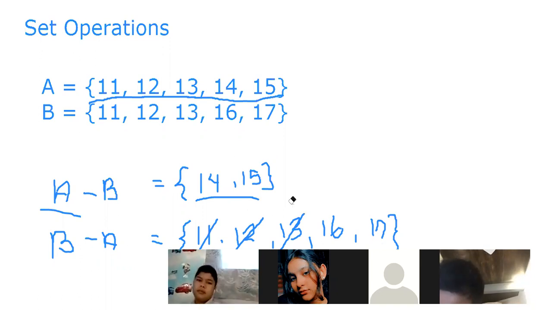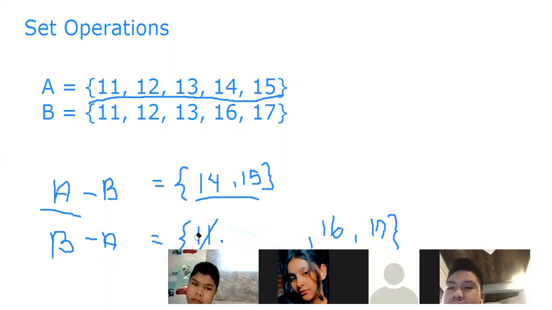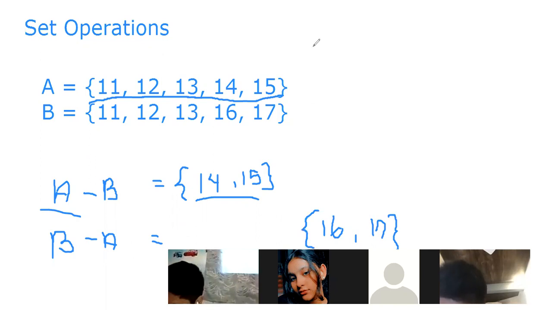Wala po. So what remains is 16 and 17. So, B minus A is only 16 and 17. Okay? So, that is our set B minus A.